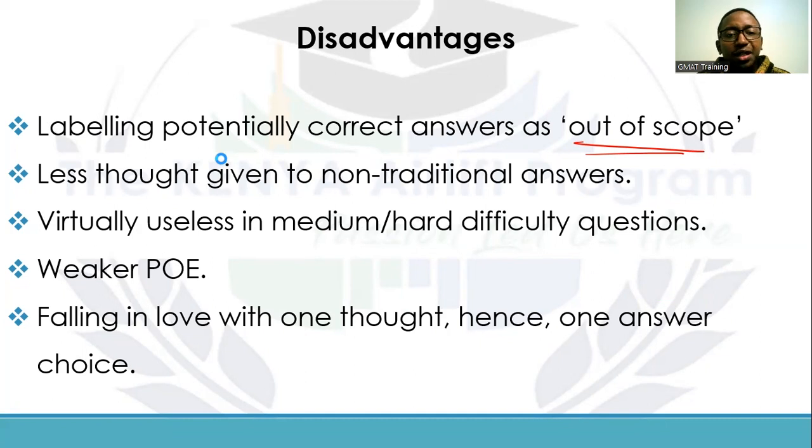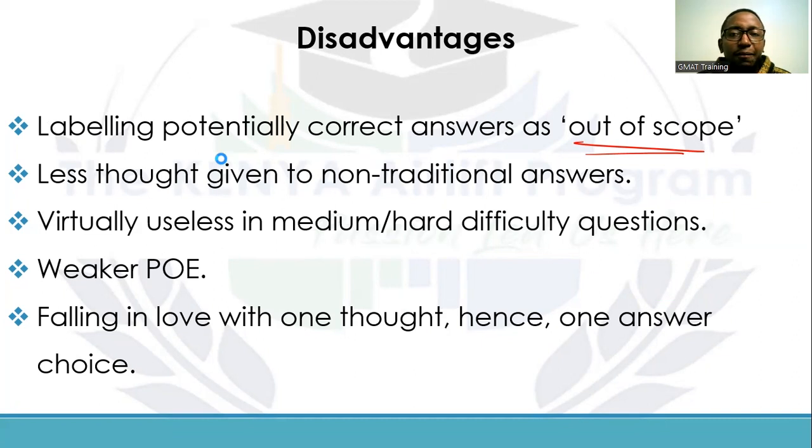Then, virtually useless in medium or hard difficulty questions. That is, as you move up the difficulty, pre-thinking becomes kind of useless because the ways in which a conclusion can be affected by very many factors grows exponentially.